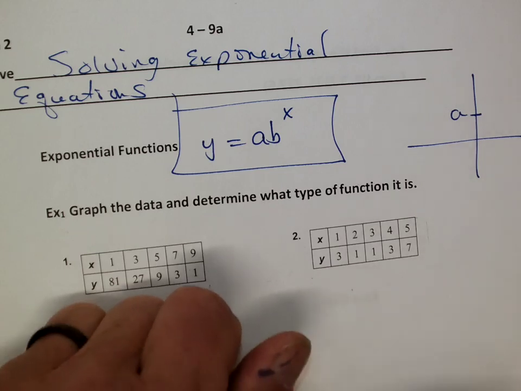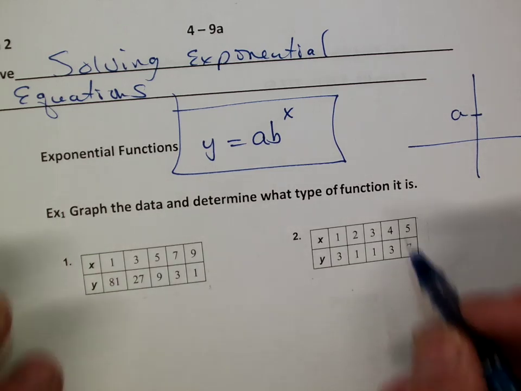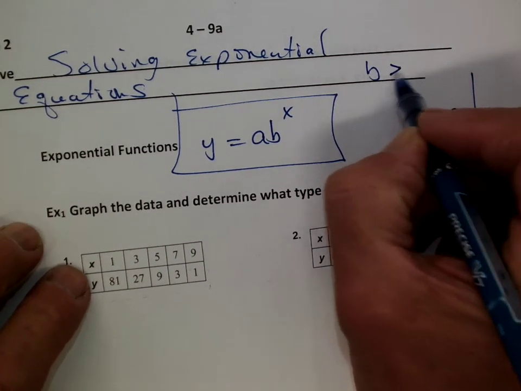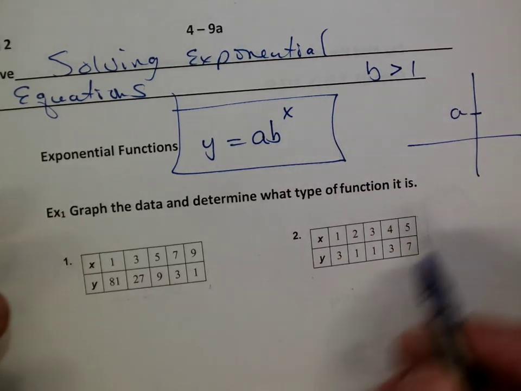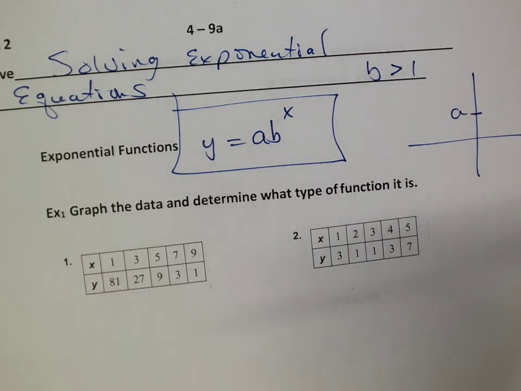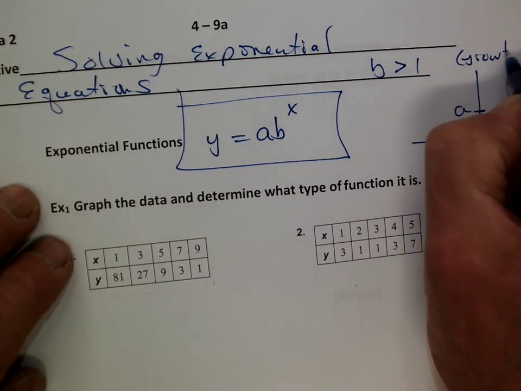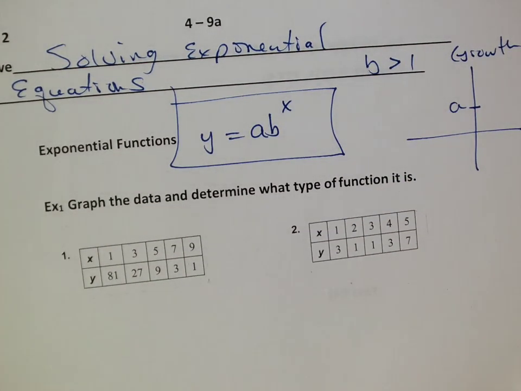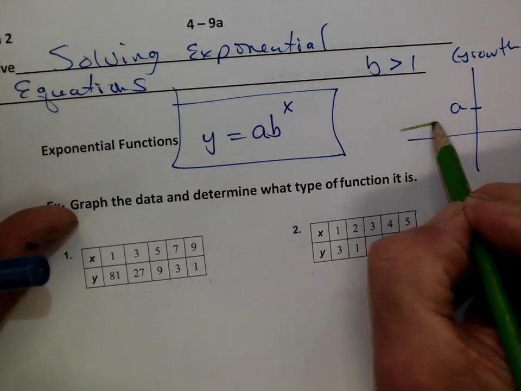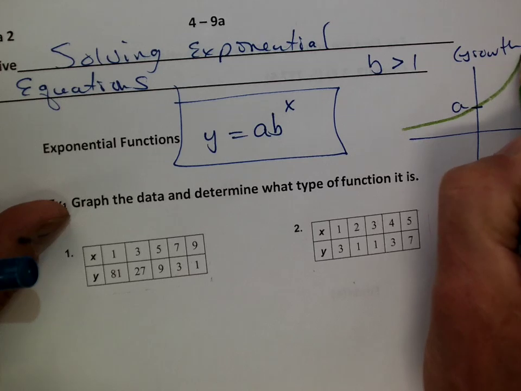Now the base, if b is greater than 1, then it's going to be growth. It should look something like this, growing exponentially, eventually curving up.